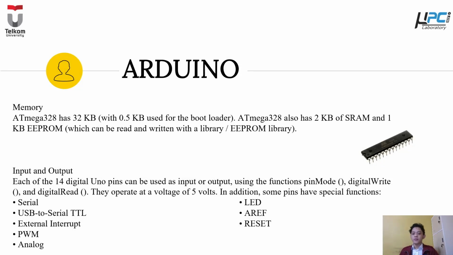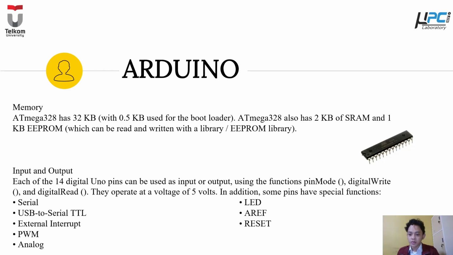So for the memory, ATmega328 has 32 KB with 0.5 KB used for the bootloader. ATmega328 also has 2 KB of SRAM and 1 KB of EEPROM, which can be read and written with the EEPROM library.